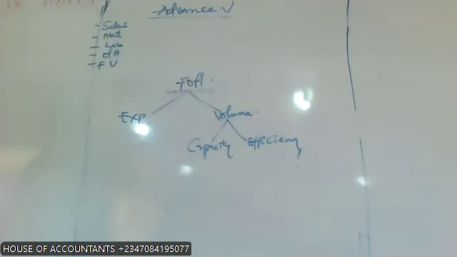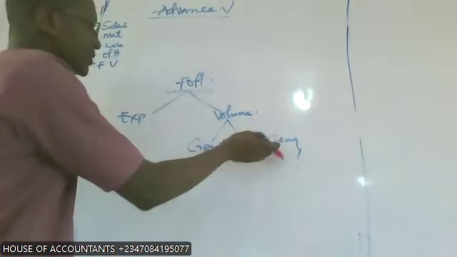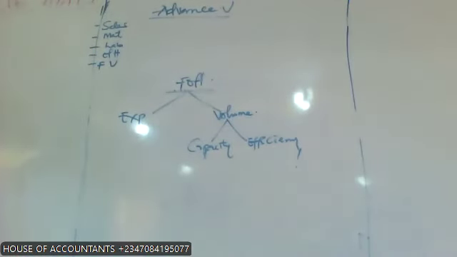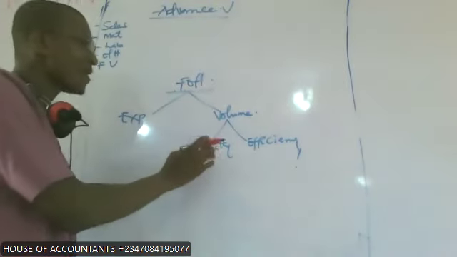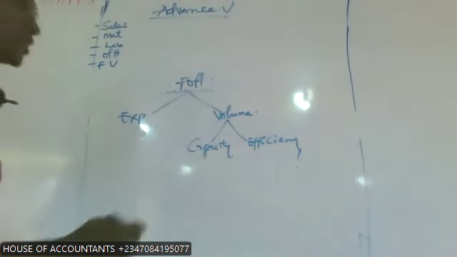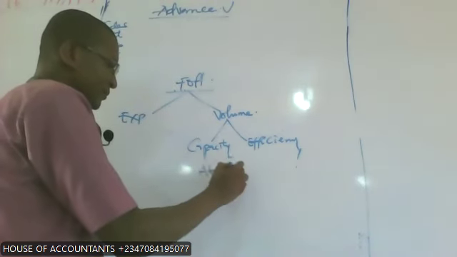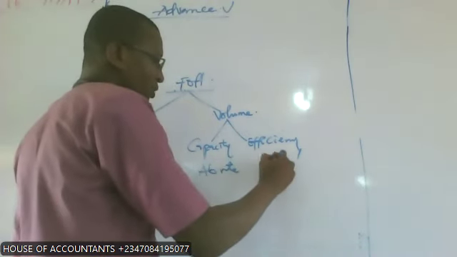Capacity and efficiency, which means addition of these will equal volume. Now, under this fixed overhead, they will always give you what we call absorption rates.